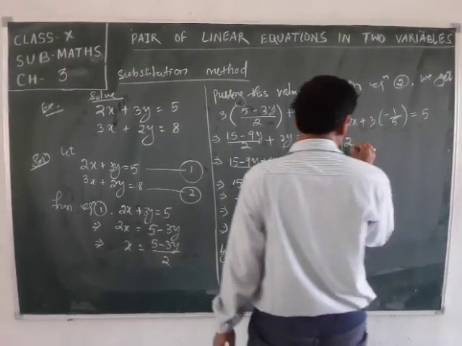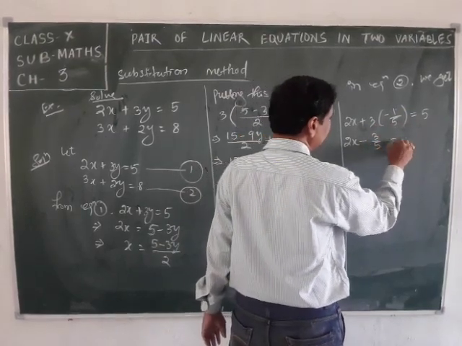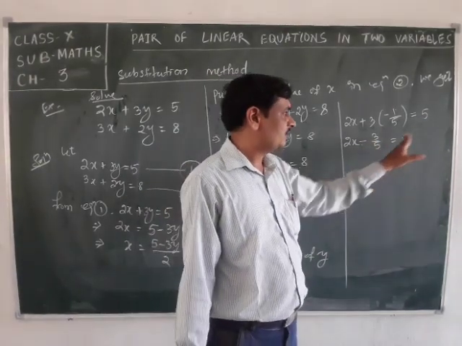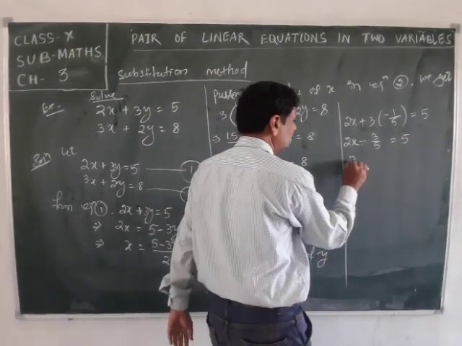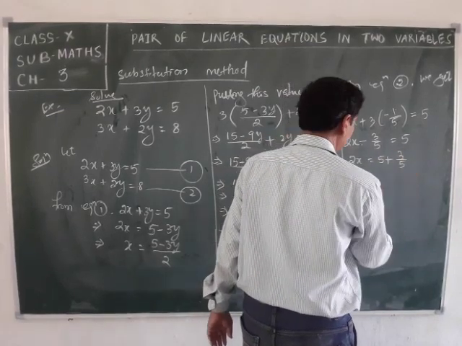Now it is 2x minus 3 by 5 is equal to 5. Now this minus 3 by 5 on moving towards the right becomes 2x equal to 5 plus 3 by 5.